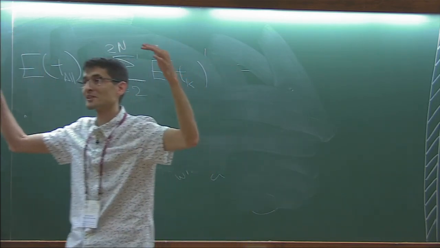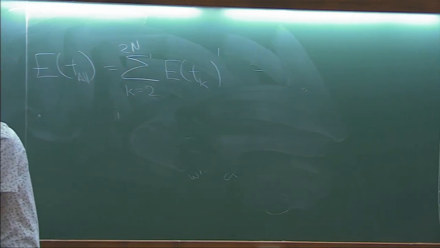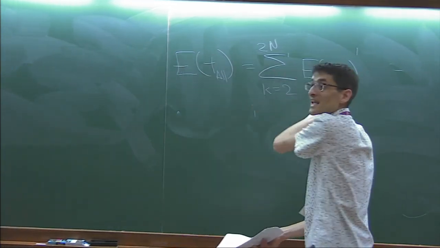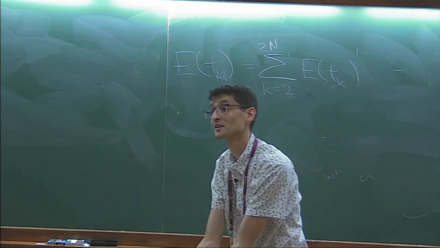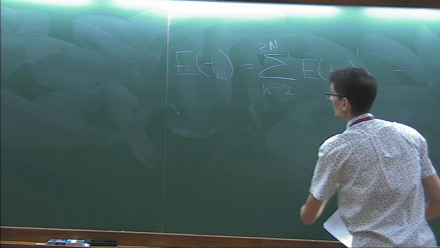Although we think of it really the other way, of going from 2n alleles down to 2n minus 1, 2n minus 2, all the way down to k equals 2. And then remember this T_k represents the time going from 2 down to the single allele, the last one. Right?